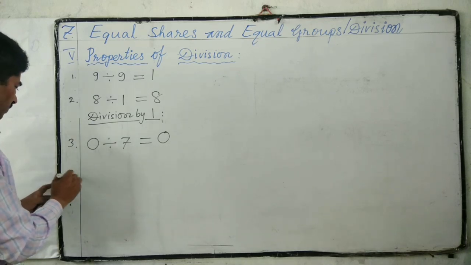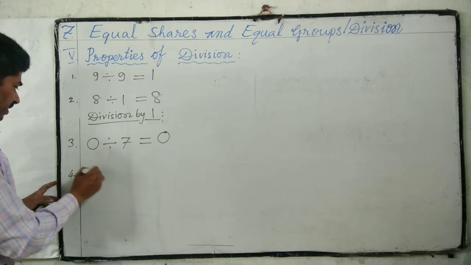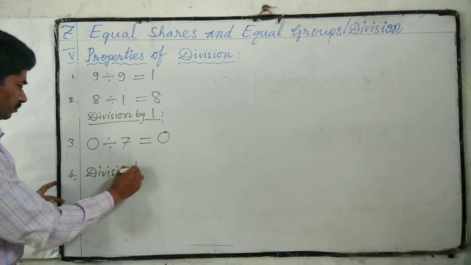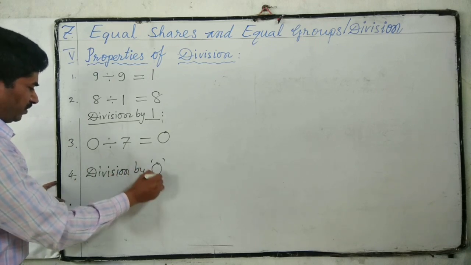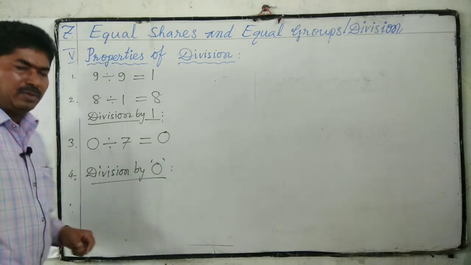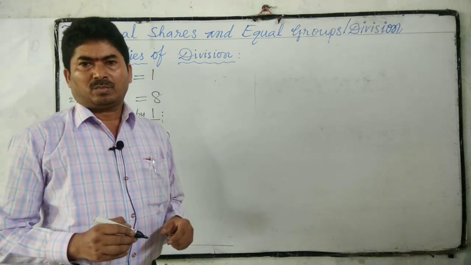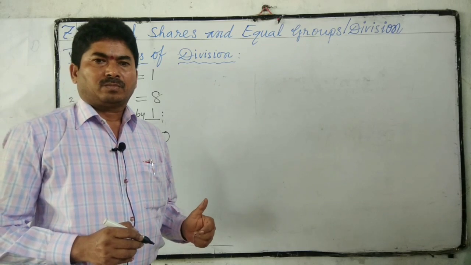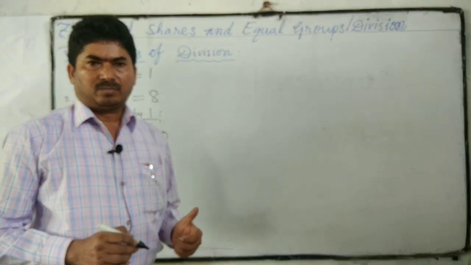Next, fourth one, division by 0. The property of division by 0. Division by 0 is not defined.